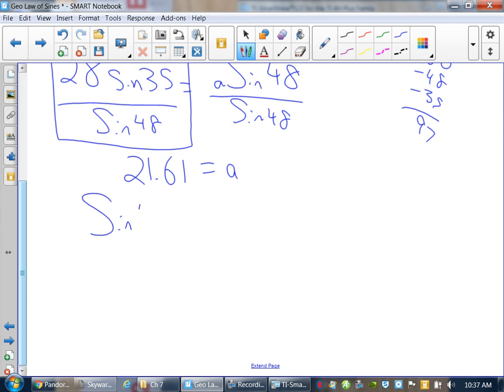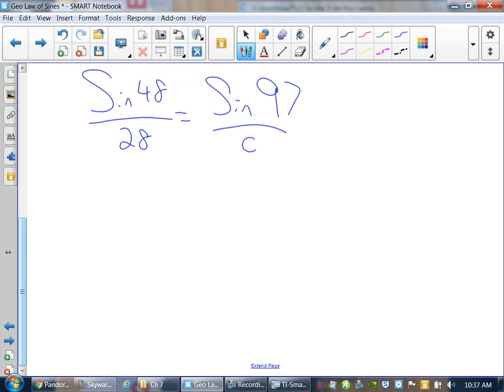Sine of 48 is to 28 as the sine of 97 is to C. Again, write it through.